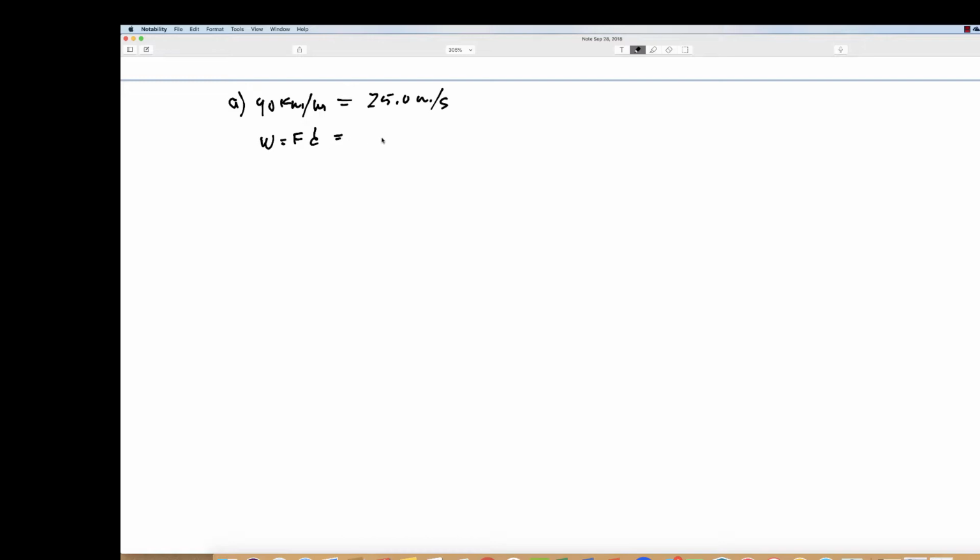And that's also going to be equal to the end kinetic energy minus the initial kinetic energy, and the end kinetic energy is 0 because it's going to be stopped.